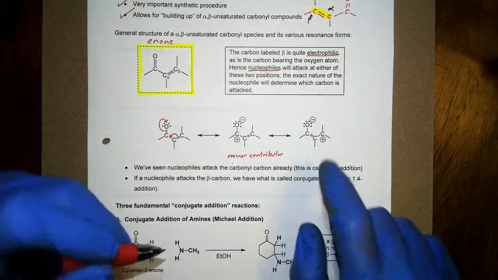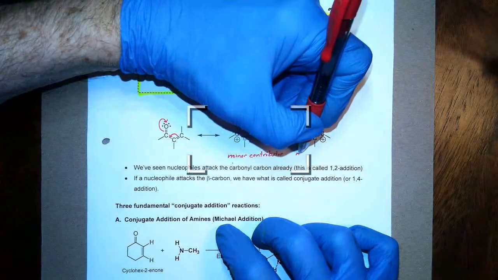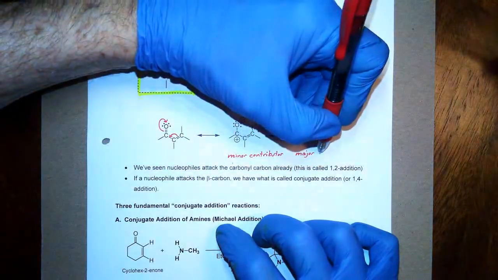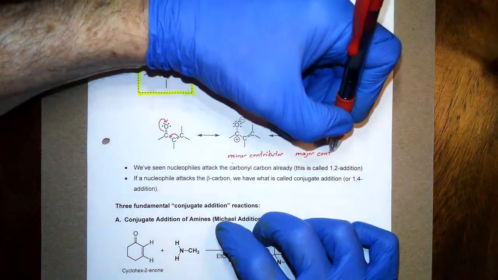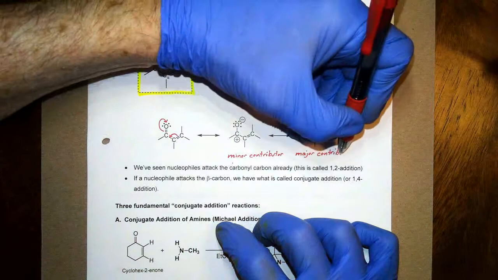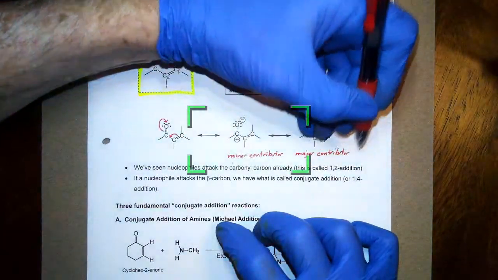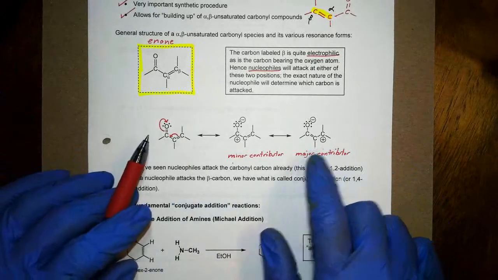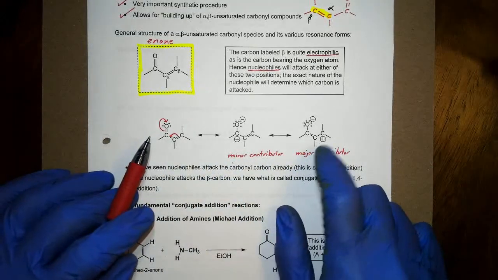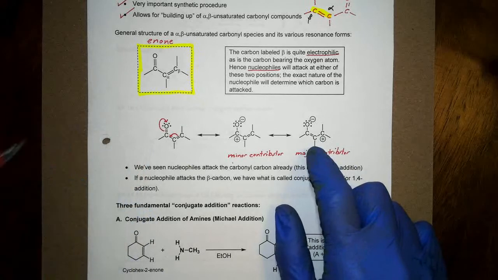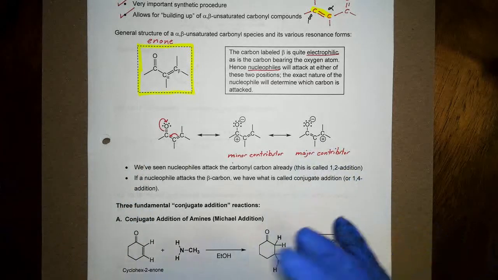And folks, this is a major contributor. And then you can say, well, which one's the major one? Is that the major one, or is this the major one? Actually, this one. This is the dominant resonance form, and you probably would not have guessed that back when you were taking Organic 1.